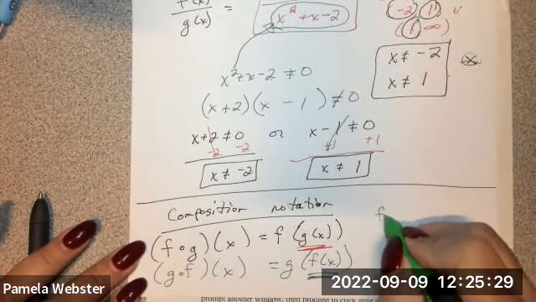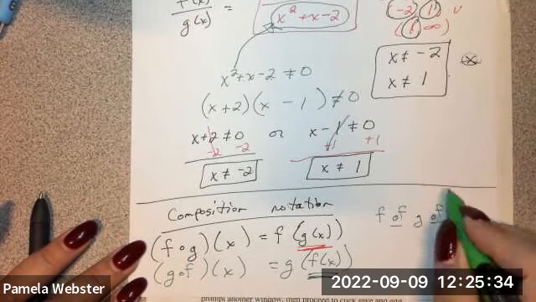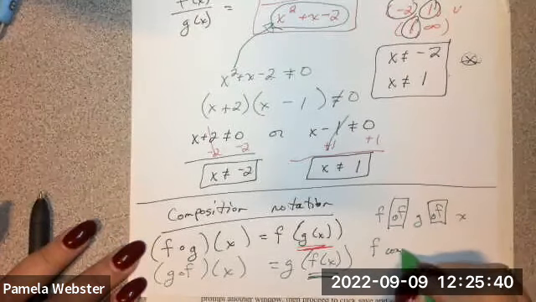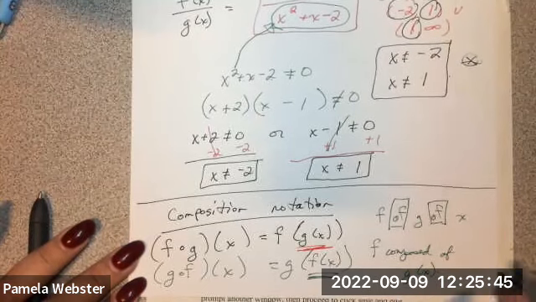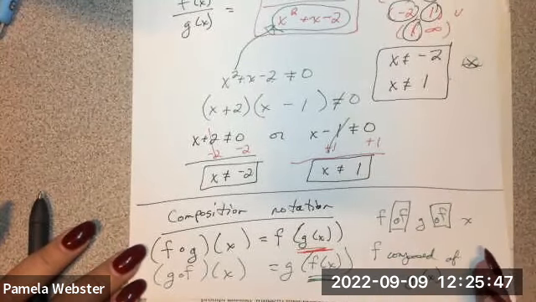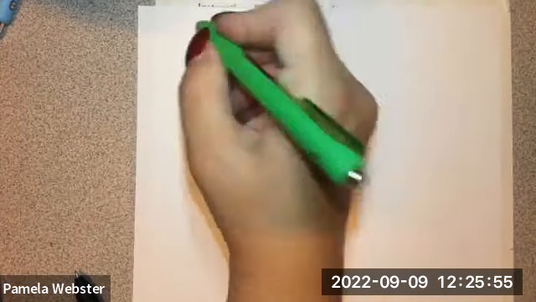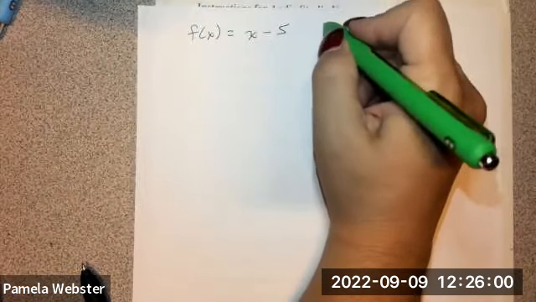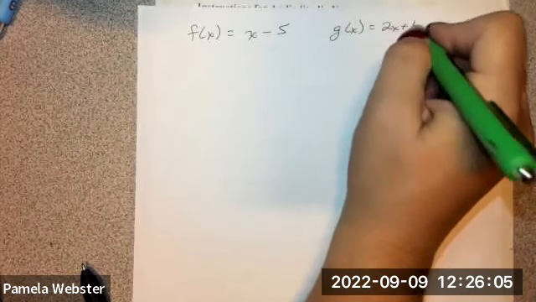So we say f of g of x, or f composed of g of x. Okay, it's going to be a substitution process. That's what we're going to see. So let me show it to you. We're going to use the first example that we had, which was f of x equals x minus 5, and g of x equals 2x plus 1. Okay.